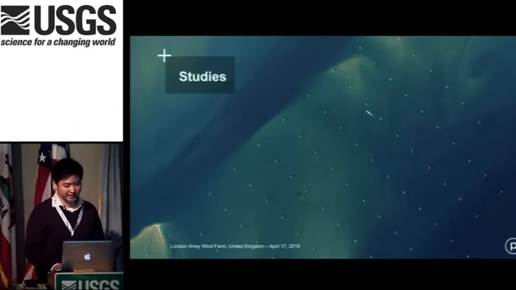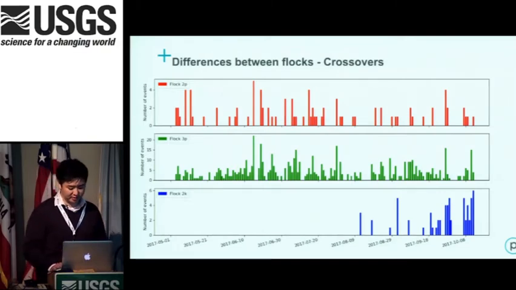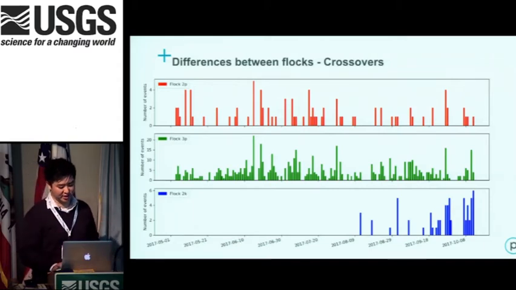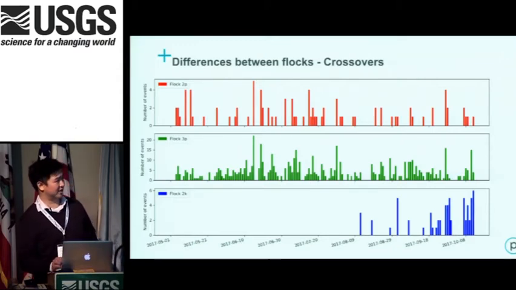So we looked at the data set again in a few different ways. We wanted to see whether there's any difference in the data between the different flocks that we launched last year. Flock 2P is a set of satellites which we launched in late 2016, and so they have the most amount of data.